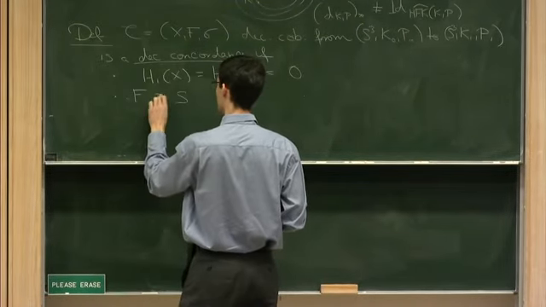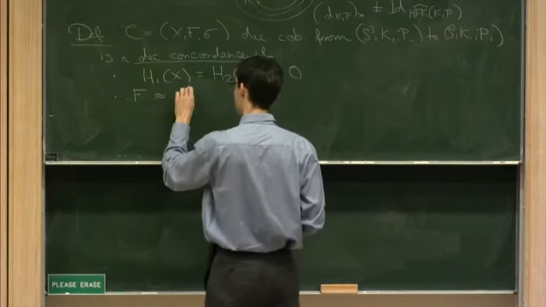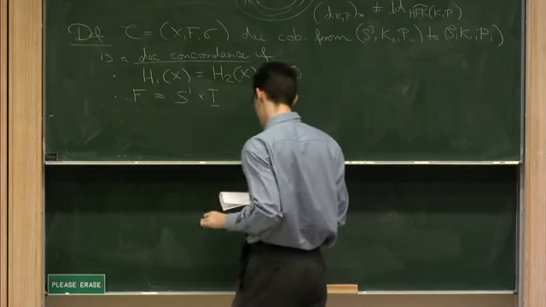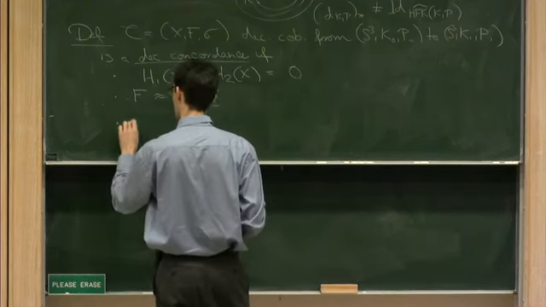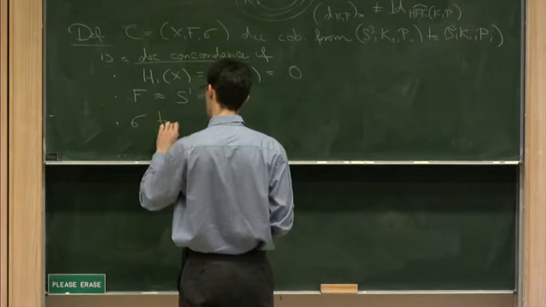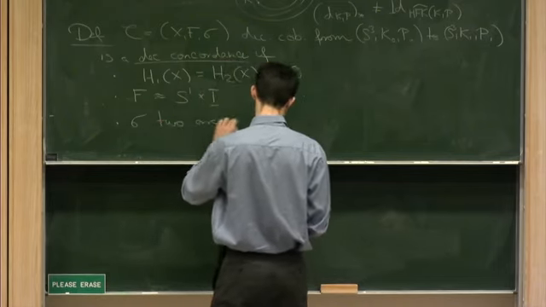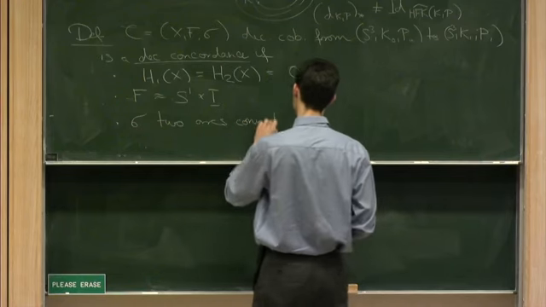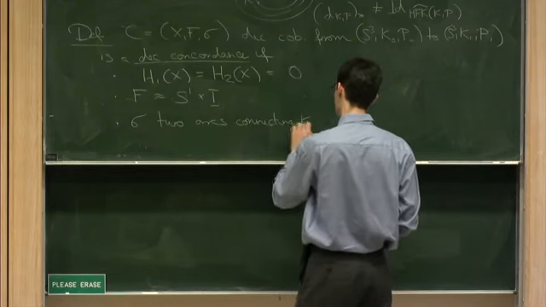It's homeomorphic to S1 cross I, and sigma just consists of 2 arcs connecting K0 and K1.